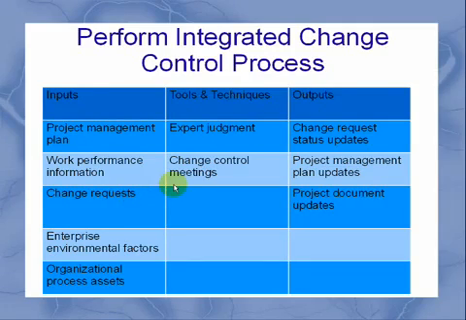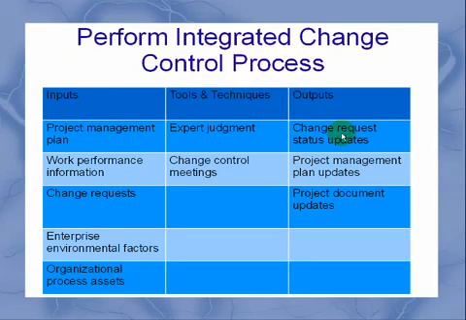And the tools and techniques for this process are expert judgment and then change control meetings. Change control meetings are held by the change control board, and they decide whether the change request needs to be approved or denied.